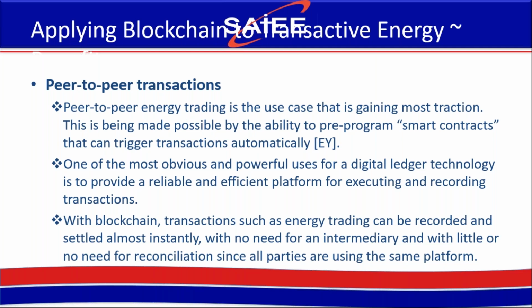Depending on whichever cryptocurrency you will be using, all of us will be using the same system, the blockchain. That's the reason why when I sell you energy now, I get paid immediately. There's no one to reconcile, and that's good. That's what people want. People don't want to wait for a week for their account to be settled.